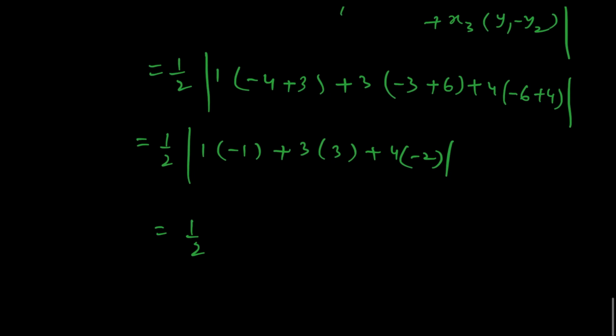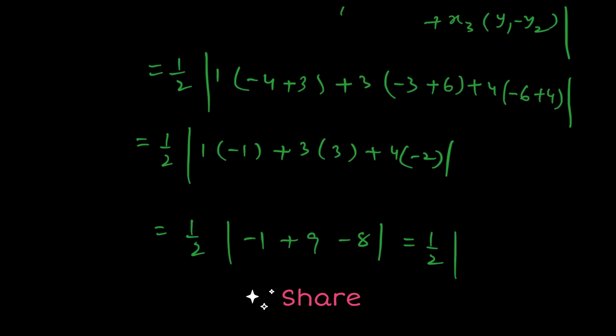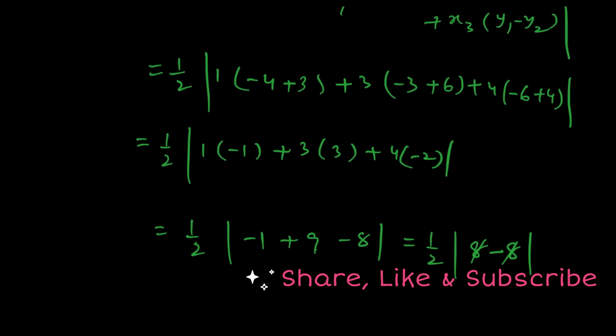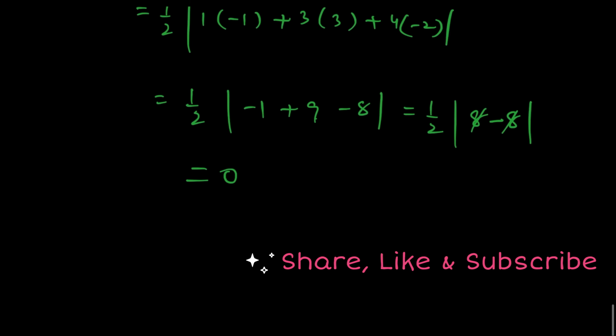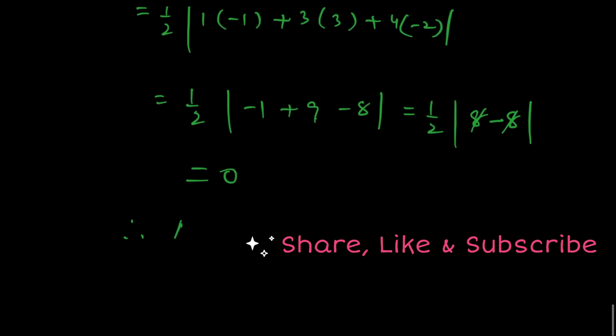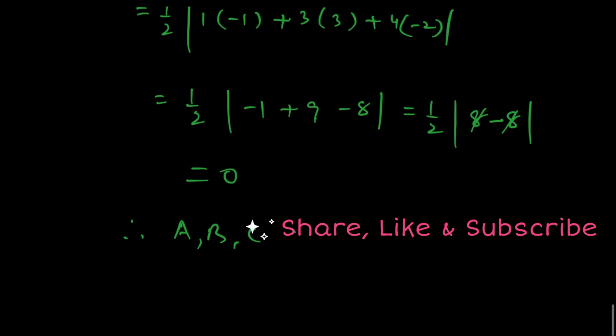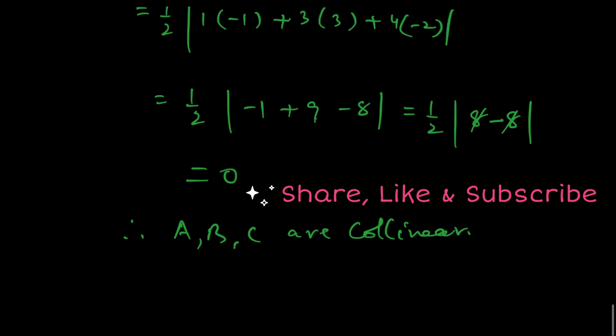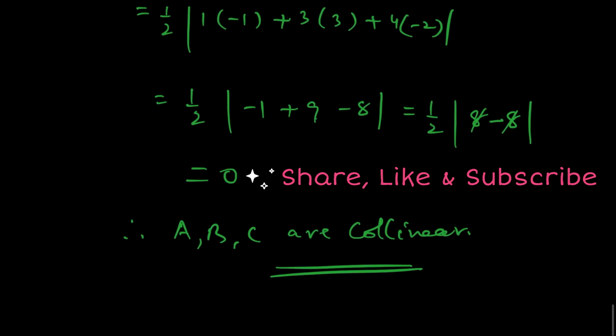That is equal to 1 by 2 mod of minus 1 plus 9 minus 8, which is minus 9 plus 9, minus 8 plus 8, it is 0. Area of triangle is 0. Therefore, points A, B, C are collinear. This way we proved it.